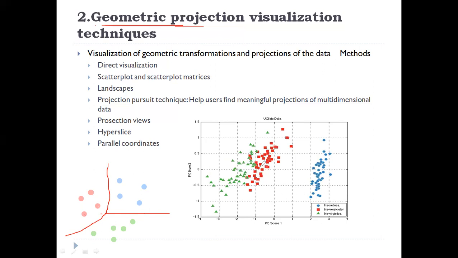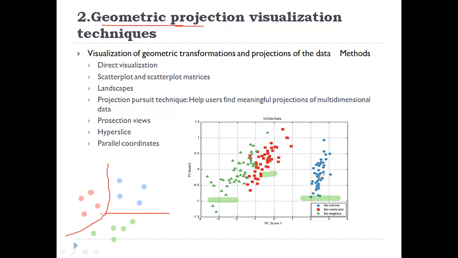If you observe this diagram, here you have three different colors of data points: green, red, and blue. These represent different dimensions' information or different attributes' information. Each attribute or dimension may have a different color to represent the data.